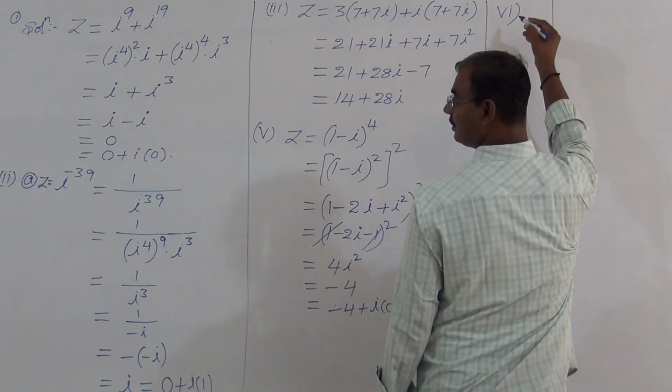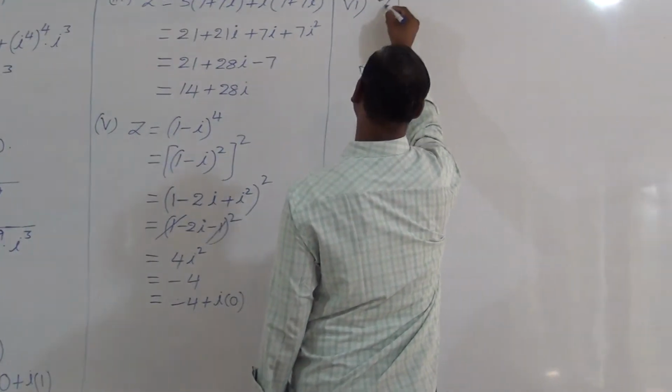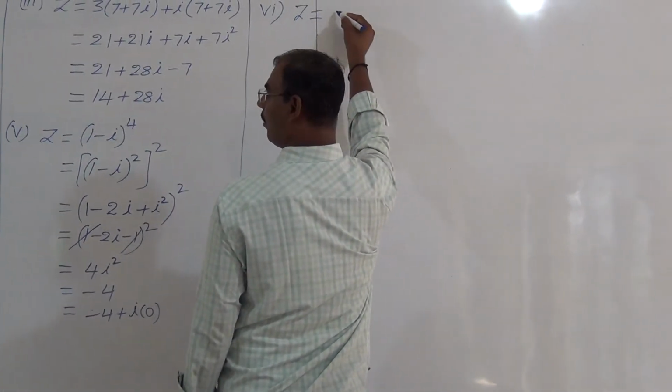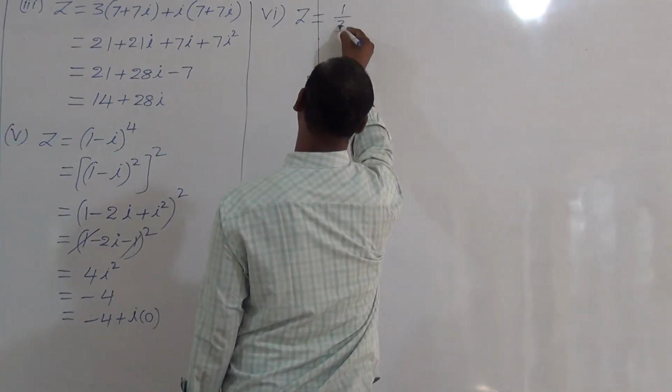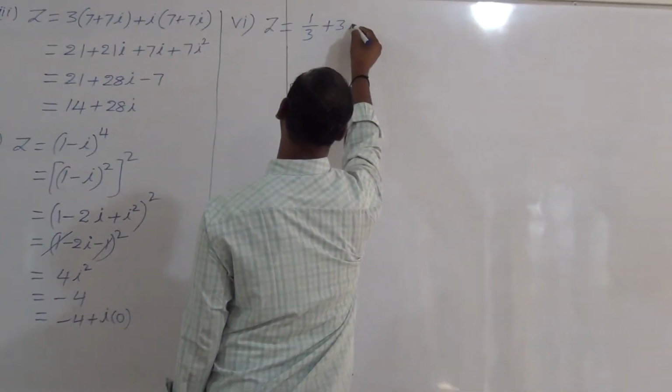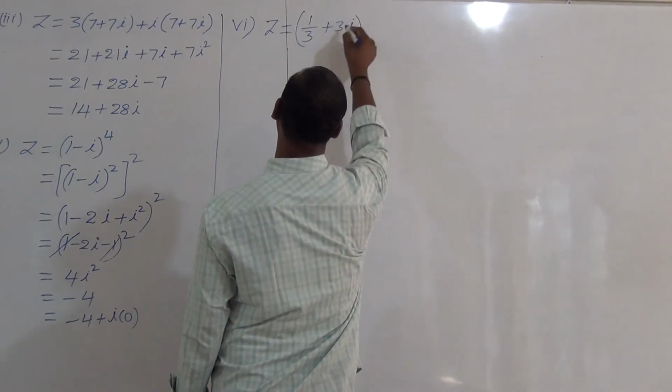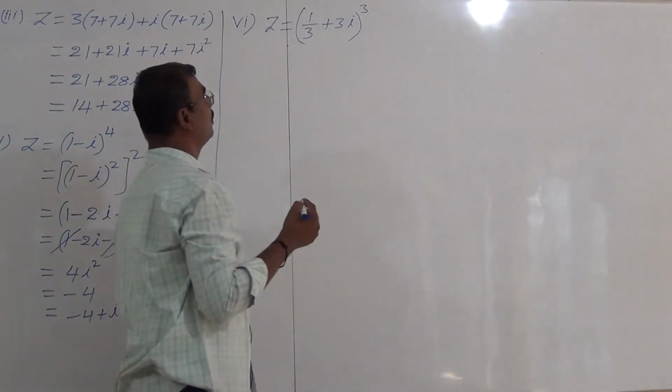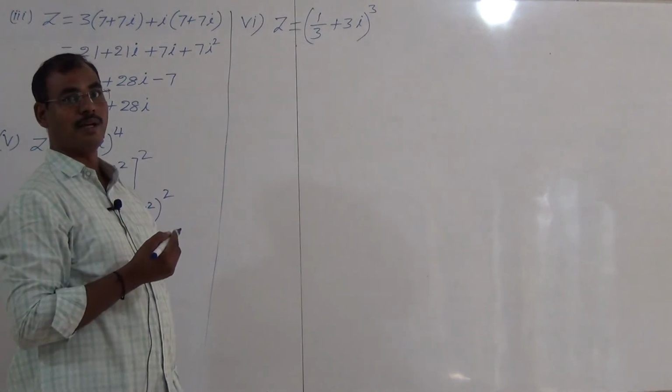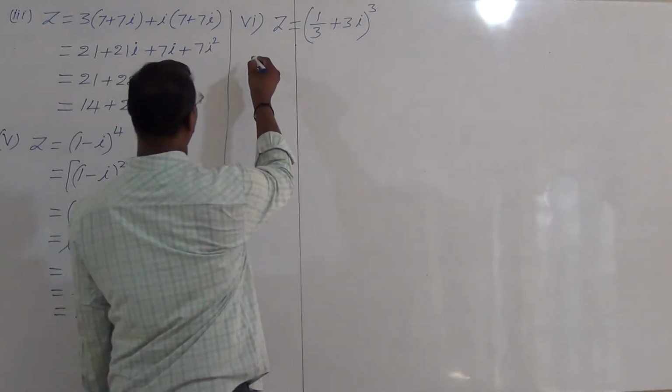Sixth problem is, let z be equal to (1 divided by 3 plus 3 iota) whole raised to 3. So you remember the formula. What is the formula?